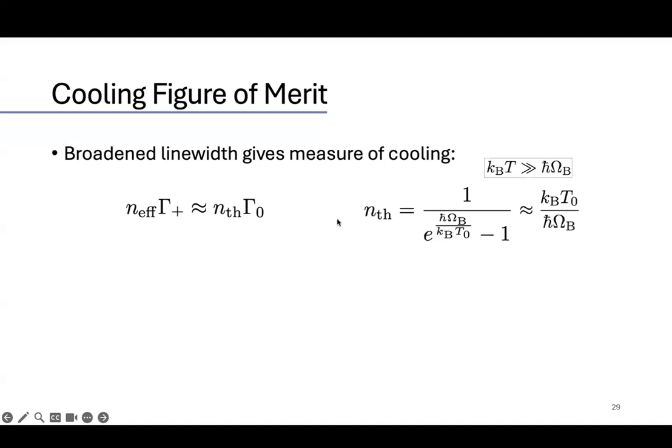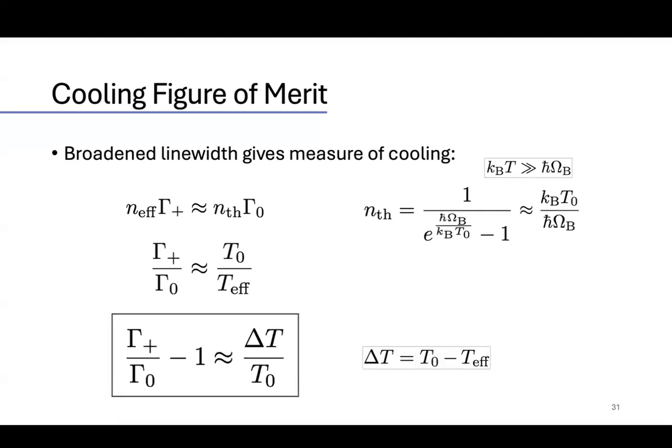And what's neat is for our frequencies and around room temperature, k_B T is much larger than ħω, allowing us to apply a first order approximation, which reduces this n term quite considerably. Plugging it back in, we get a ratio of the broadened to natural line width of the spectra being approximately equal to the ratio of the equilibrium temperature and the effective cooled temperature.